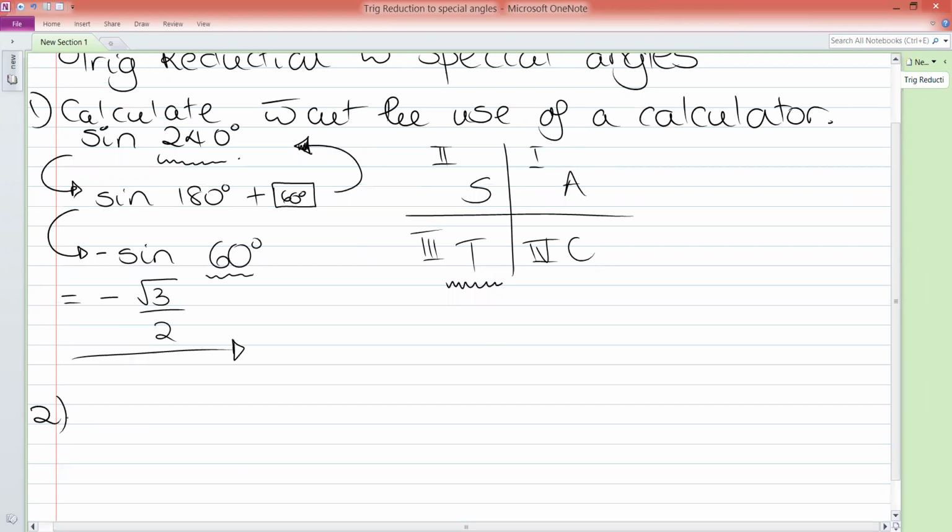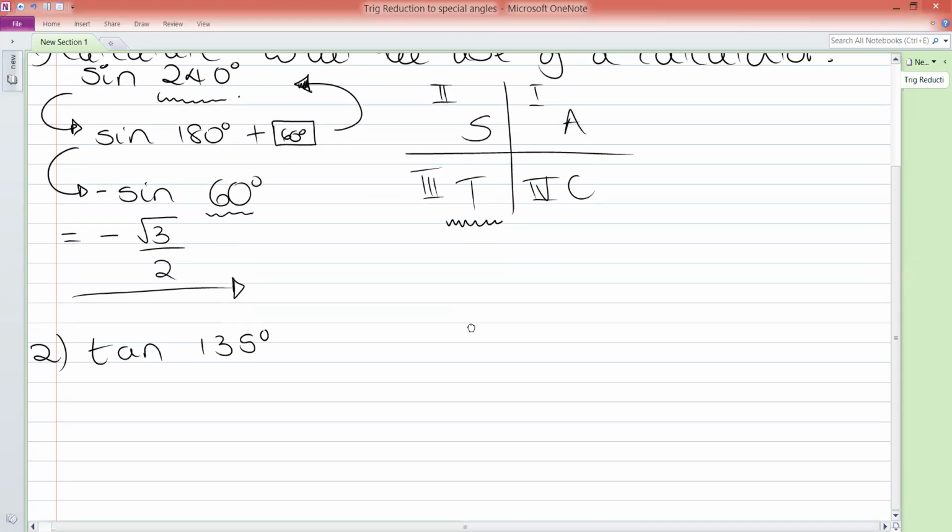So I'm going to choose another one. Let's begin with tan 135 degrees. Again, with this type of question, they will ask you to calculate without the use of a calculator. So you're going to express it as a final special angle.